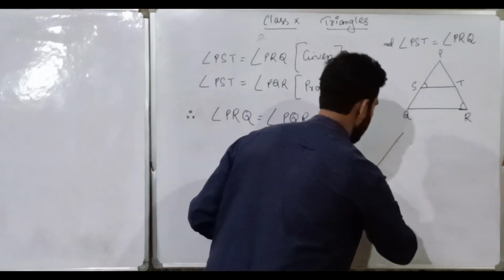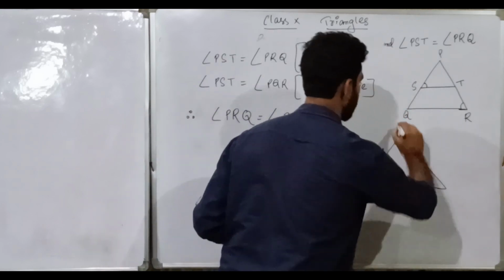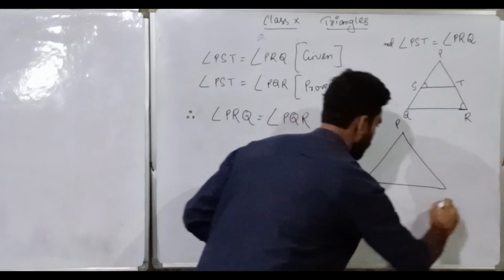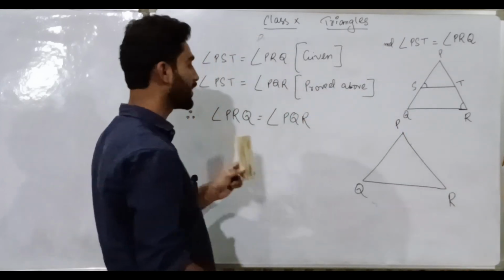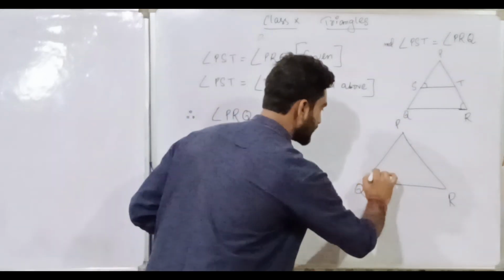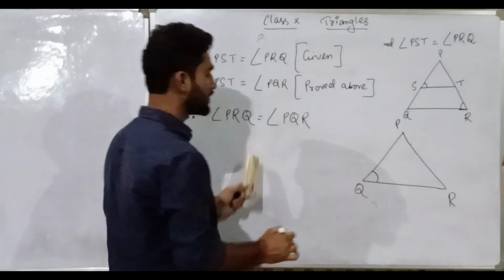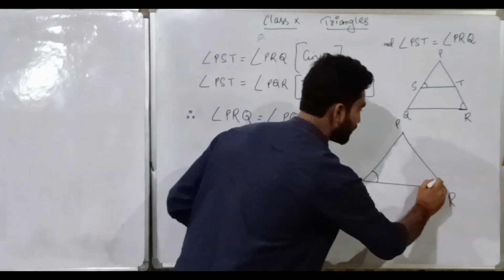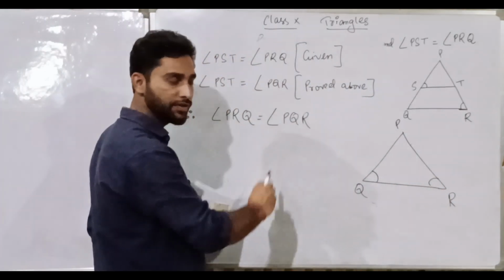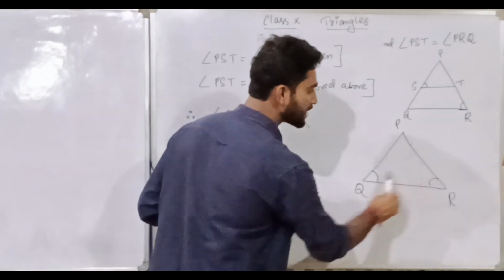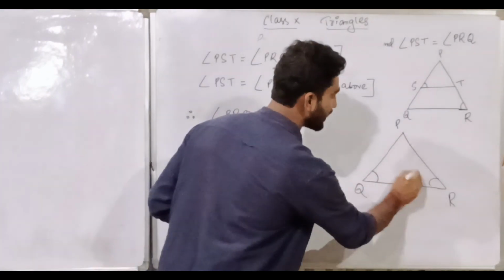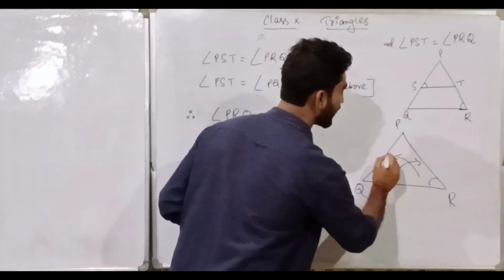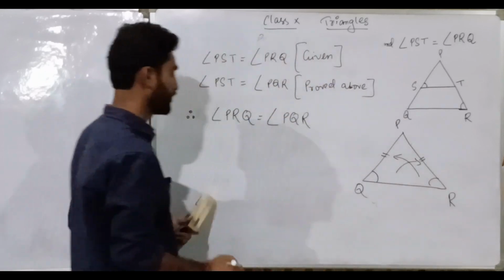Now you see, in this triangle PQR, what we proved is angle PQR is equal to angle PRQ. If in a triangle these two angles are the same, the sides opposite to those angles will also be the same.